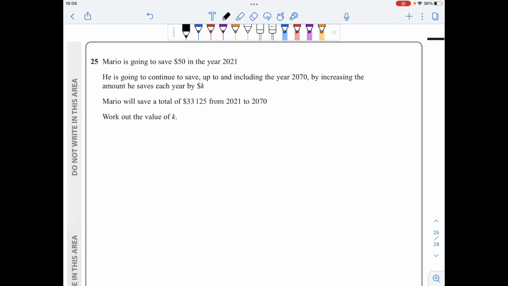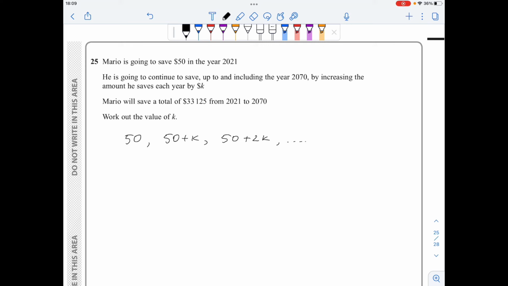In question 25, Mario is going to save $50 in the year 2021. Next year, he will save K more, so 50 plus K. The year after, 50 plus K plus another K, so 50 plus 2K, and so on.